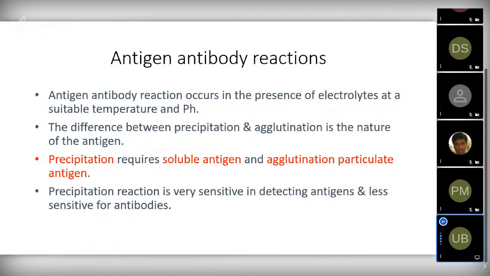You need a soluble antigen for precipitation to occur and a particulate antigen for agglutination to occur. So you can convert precipitation to an agglutination by coating the soluble antigen onto a carrier particle. And precipitation is very sensitive for detecting antigens, whereas agglutination is very sensitive for detecting antibodies.